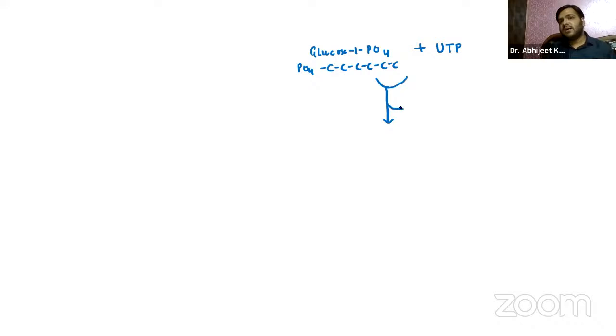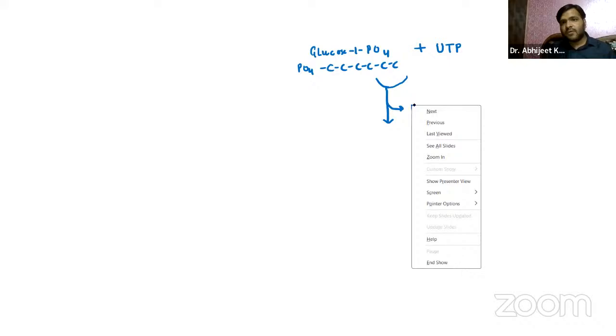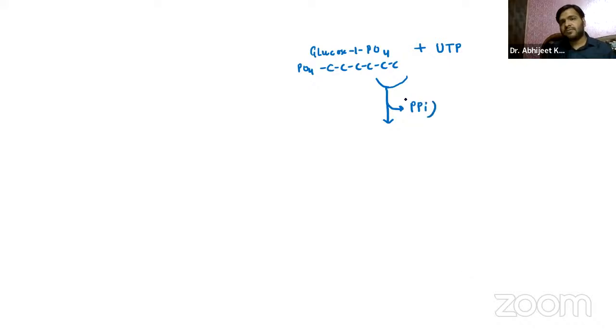One inorganic phosphate comes out, that is the pyrophosphate. Look, there will be two phosphates coming out. One phosphate will come from the glucose and one phosphate from UTP. Now from UTP, one phosphate comes out, it is uridine triphosphate.